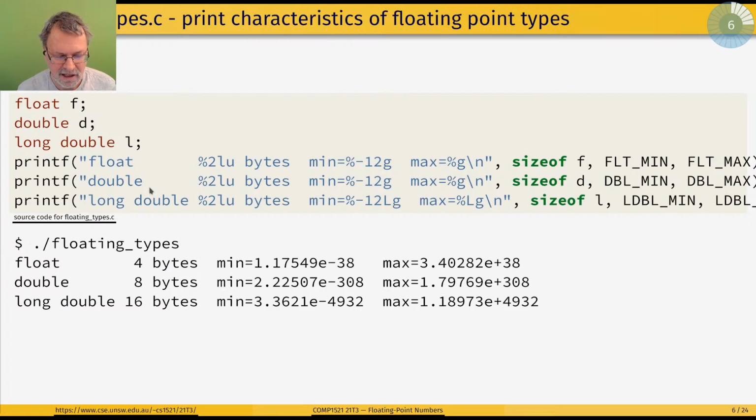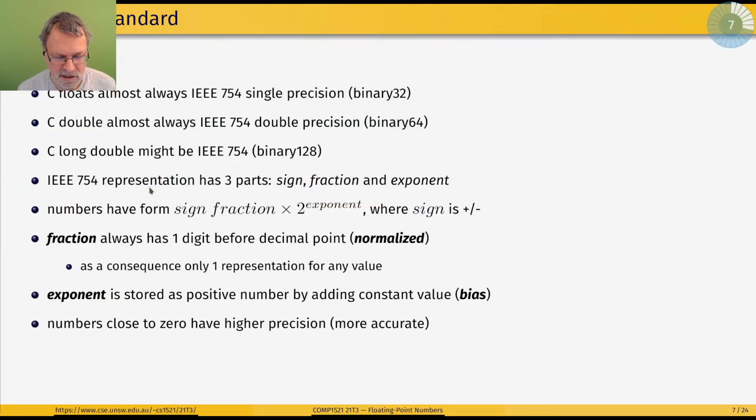What's better is floating point representation. Let's keep going. So, first, I've said floating point works the same on your laptop as it does at CSE. That's because there is a standard dating to, I think, 1985. It's a standard that's been around for a very long time.